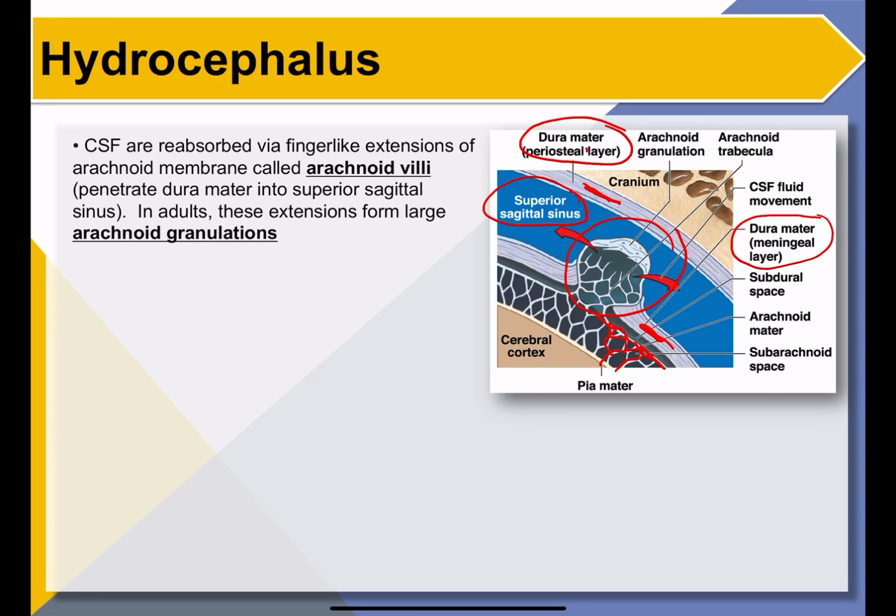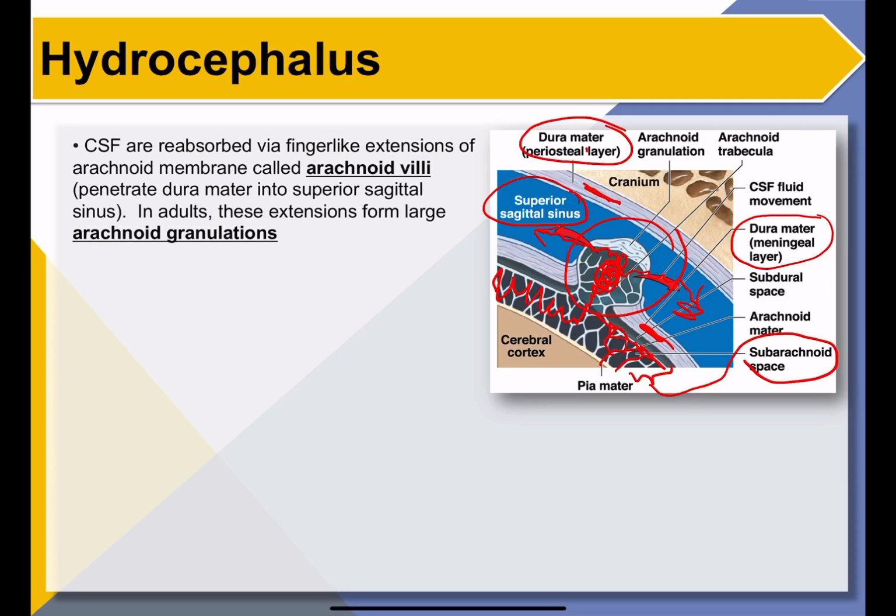And then you have this subarachnoid space that is indicated by that, and cerebrospinal fluid is just moving in and then into these arachnoid granulations, arachnoid villi, and then goes into the superior sagittal sinus. So that's why the superior sagittal sinus is so critical, because it is for that important reabsorption of cerebrospinal fluid.